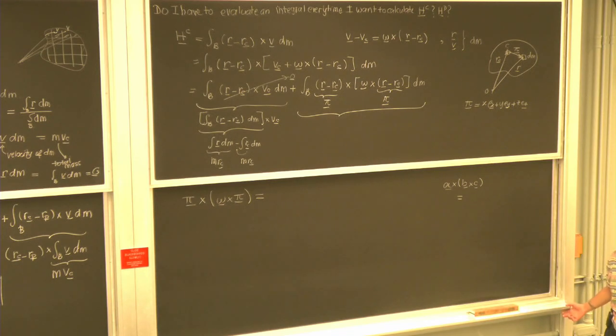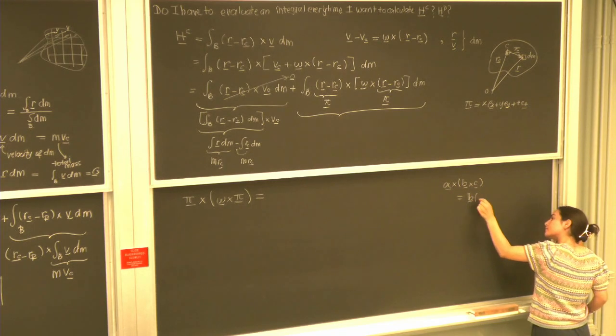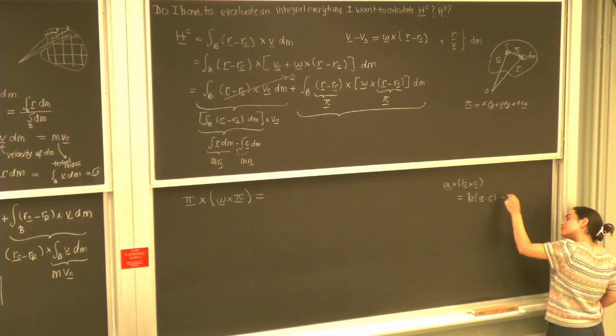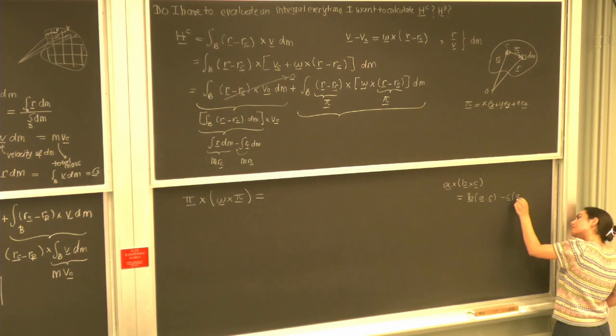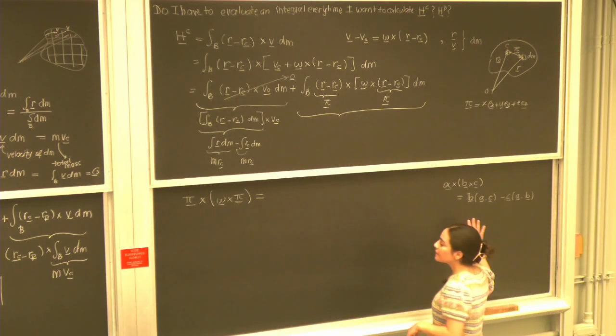A cross B cross C equals B (A dot C) minus C (A dot B). Like this? Did we get the same results? Hopefully. Okay, so we can simplify this cross product.